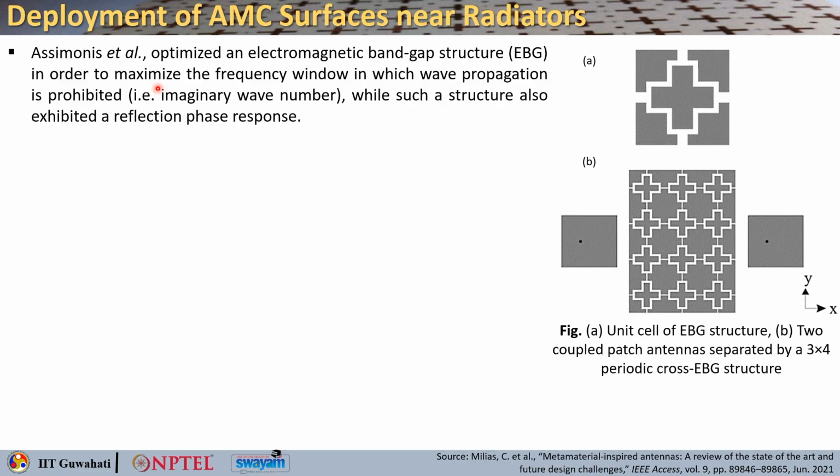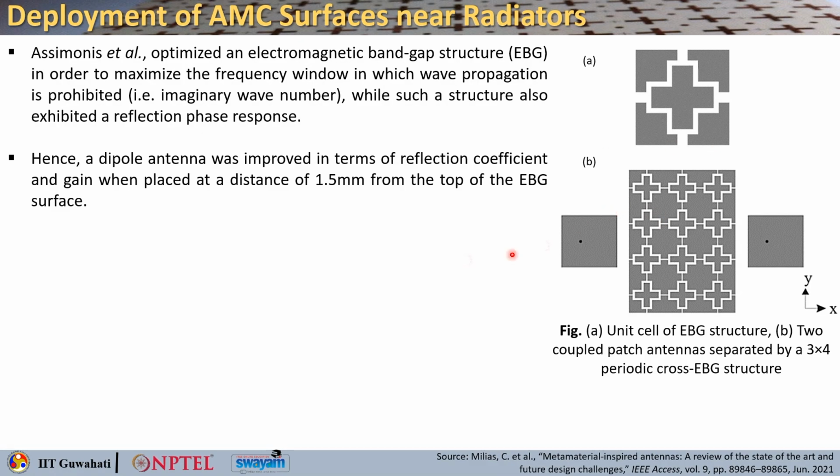There is another design proposed by Esimonis and his group. They basically optimized an electromagnetic band gap structure in order to maximize the frequency window in which the wave propagation is prohibited. That means the waves have an imaginary wave number, while such a structure exhibits a reflection phase response.